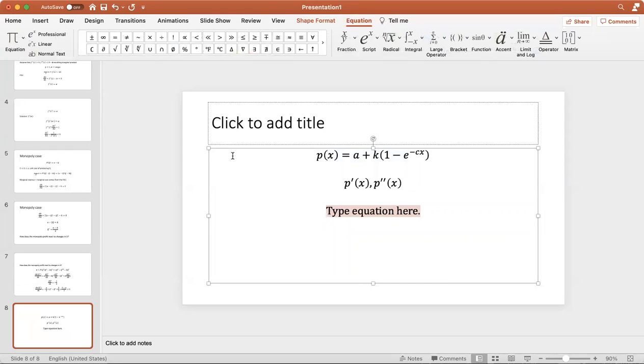So taking the derivative of the proportion with respect to X, A will disappear, and K of course will also disappear. So you have K, negative KC. Or actually, it's going to be positive, no? Because of the negative C. We're going to have some positive KC E raised to negative CX.